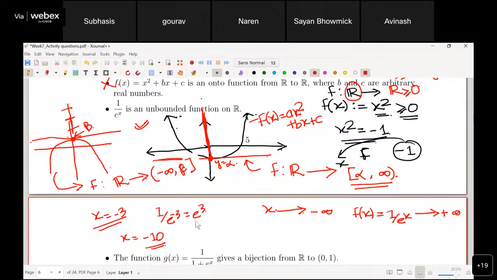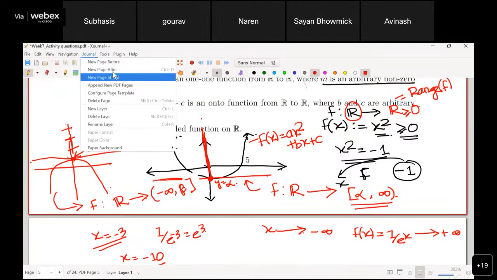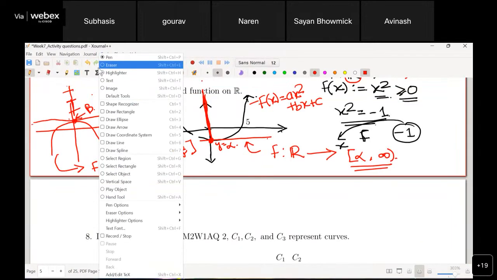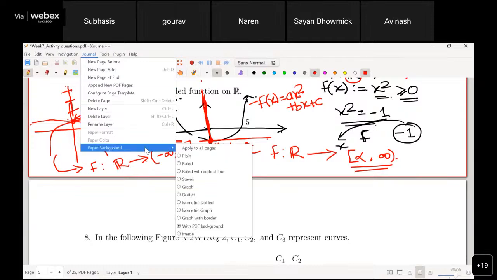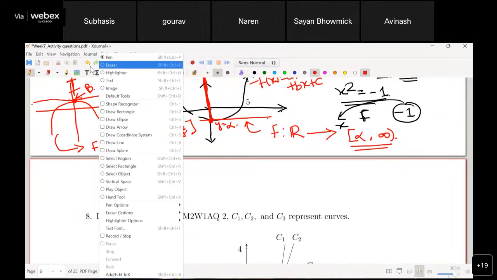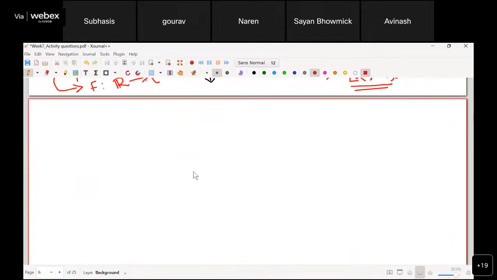Sir, can we draw the graph of these functions? Yeah, certainly we can. Drawing the graph of this function is not difficult. So what is my function? f of x equals 1 by e to the power x, which is nothing but e to the power minus x.